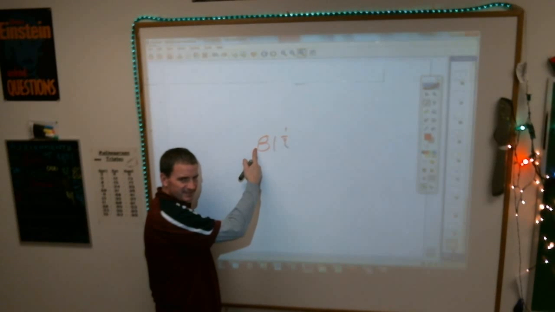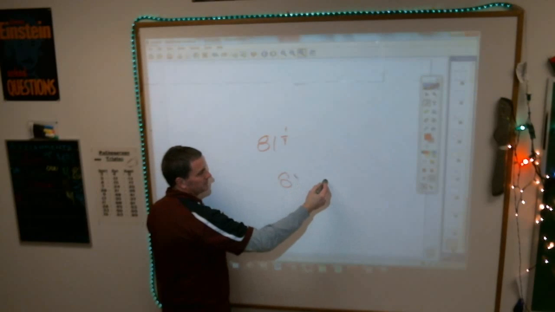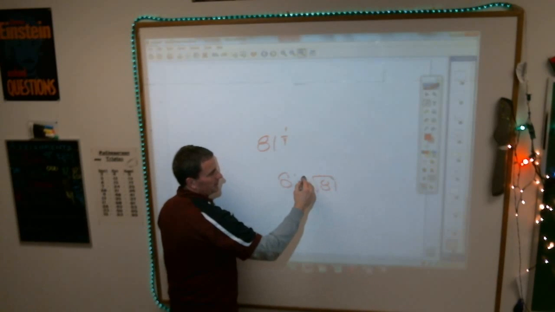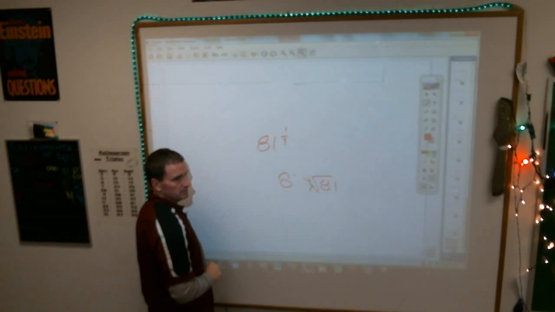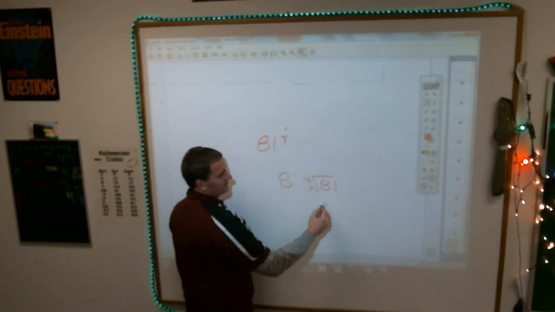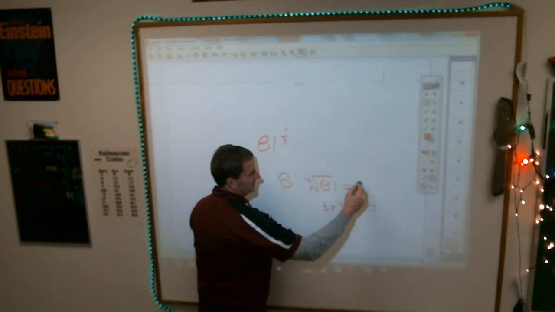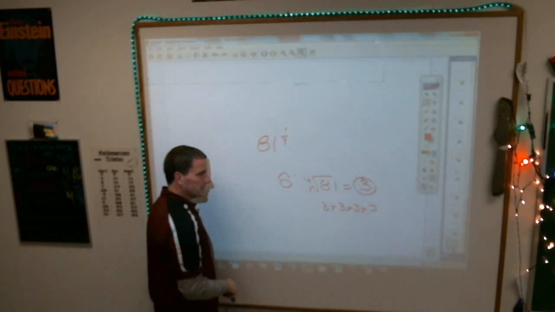I thought it was negative 81, yes, it's the 4th root of 81. The 4th root of 81 is? It's a three. Is it three? 3 times 3 is 9, times 3 is 27, times 3 is 81. The answer is 3.